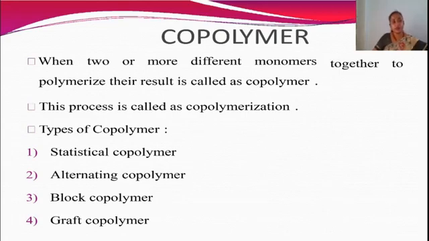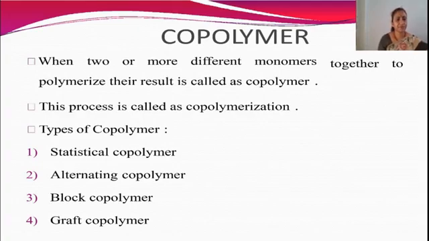When two different monomers join together by means of the process of polymerization, then the formation of copolymer takes place. This whole process is called as copolymerization. Types of copolymer. First one is statistical copolymer, alternating copolymer, block copolymer, and graft copolymer.